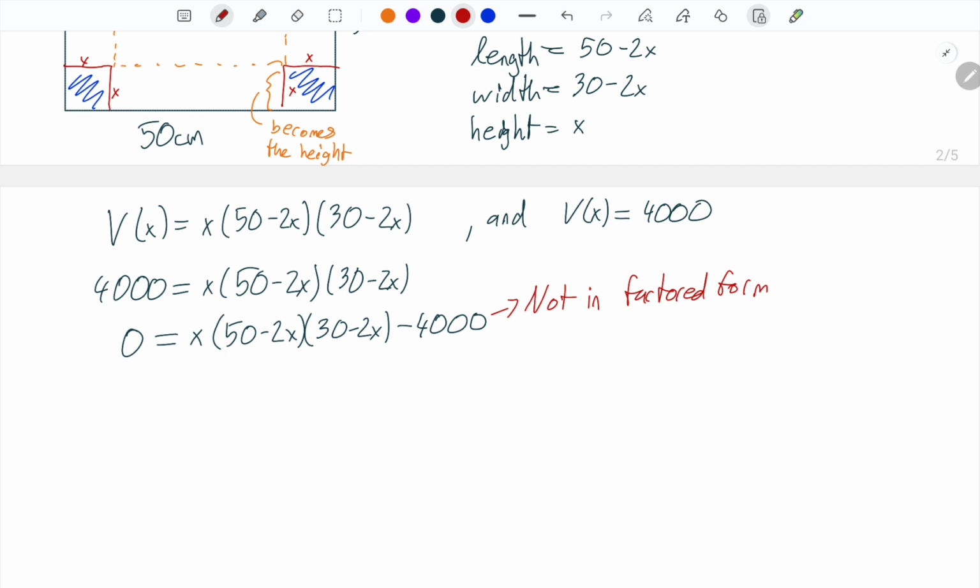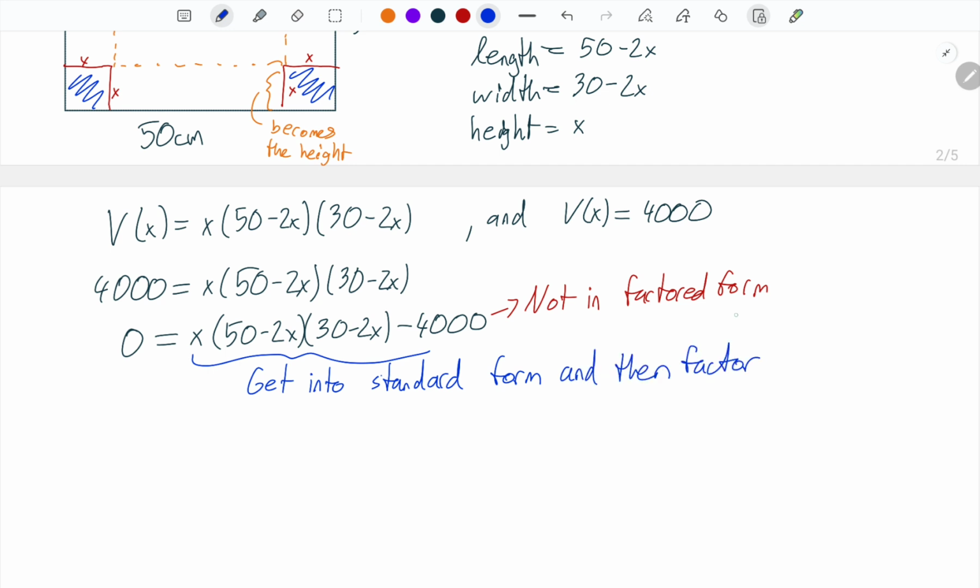So how do we get that back into a factored form? Well, what we need to do is get it into standard form. And then factor. So to get it into standard form, yeah, we need to expand it out.